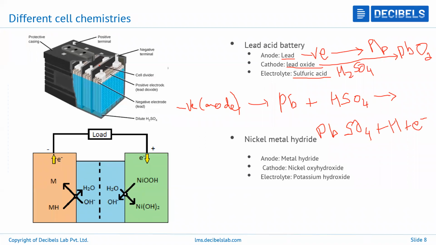This portion is your products, and these are your reactants. So lead reacts with half of the sulfuric acid to form lead sulfate and release electrons. This is the reaction occurring at the anode.